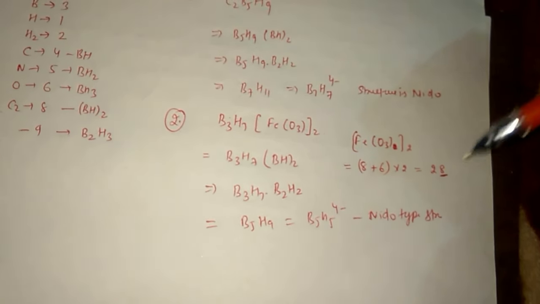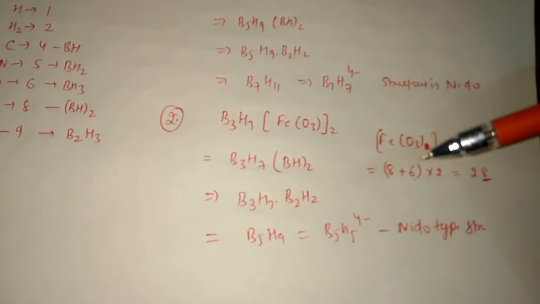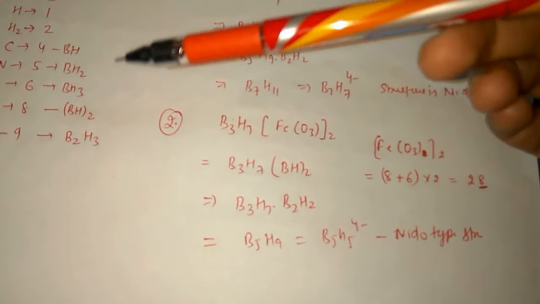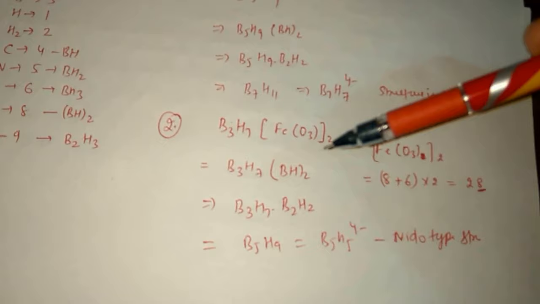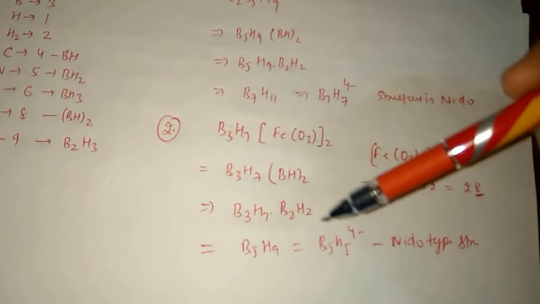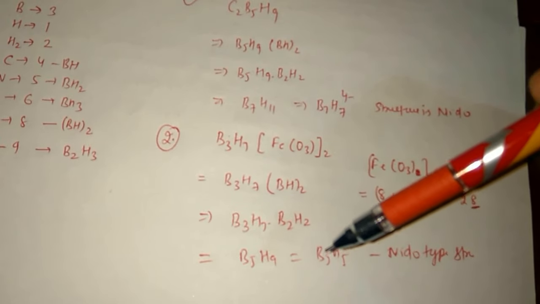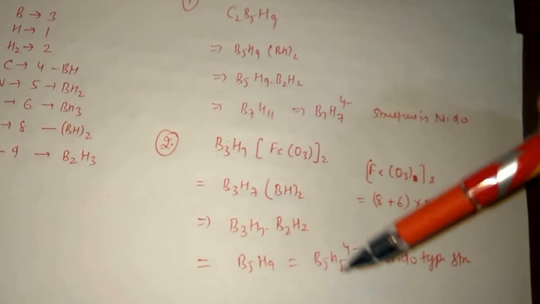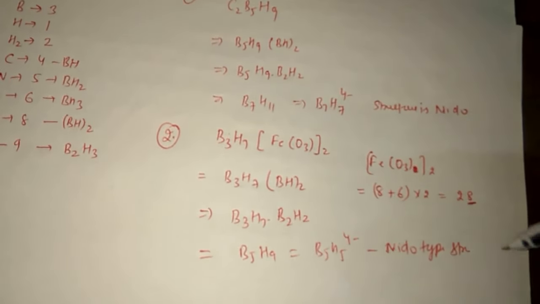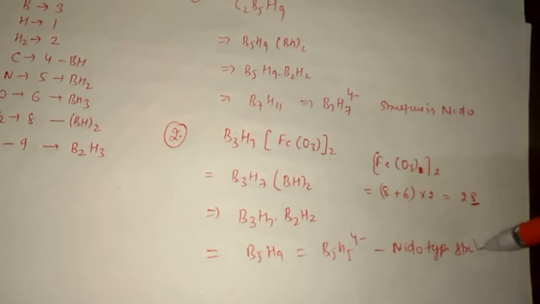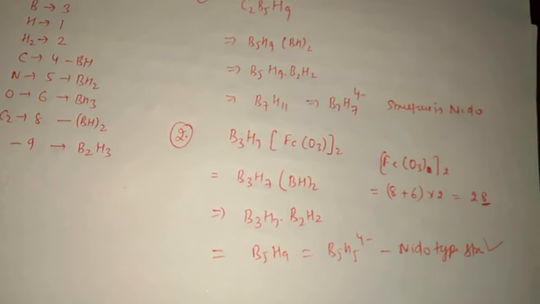So we have only 8 electrons, and 8 electrons correspond to BH twice. Therefore BH twice, we get B3H7, B2H2, that is B5H9. Again we adjust in the form of BnHn, therefore B5H5 4 negative, and 4 negative corresponds to a nido type structure. So it has a nido type structure.